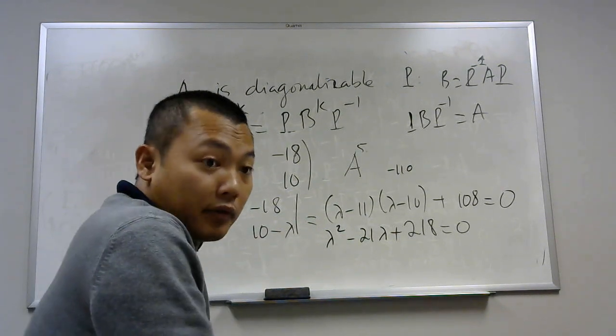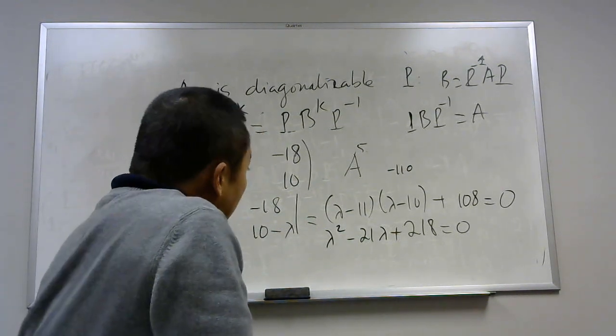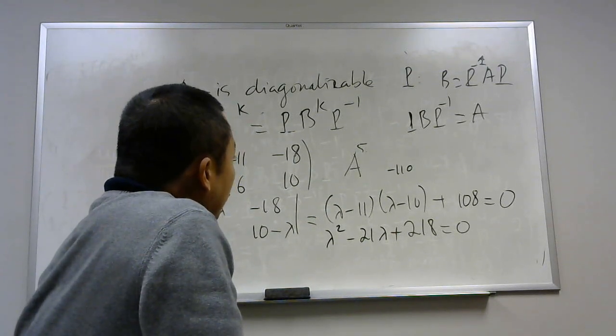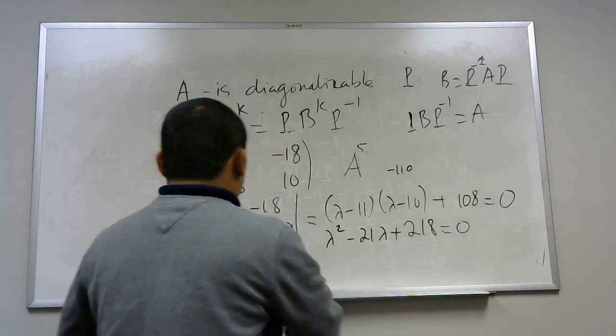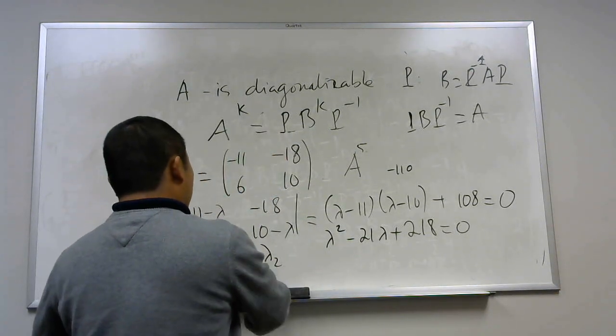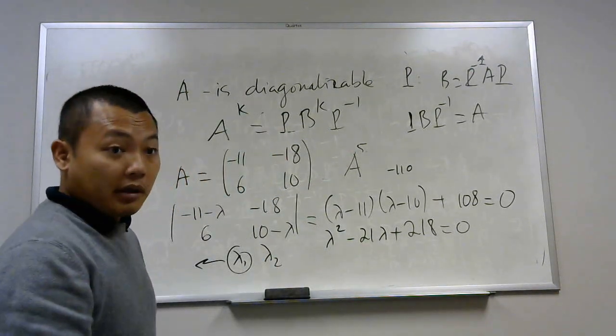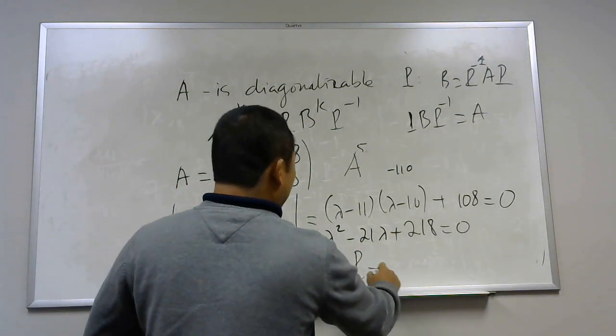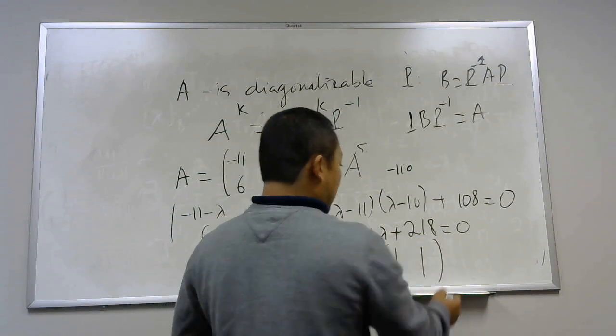So you can use a calculator or the quadratic formula to find the solutions of this. Suppose you have lambda 1 and lambda 2. You can find eigenvectors for lambda 1 and for lambda 2, and you set up P with the first column and the second column.